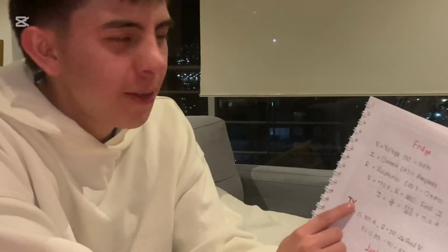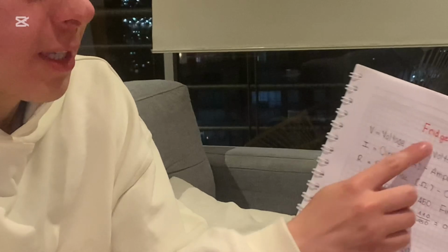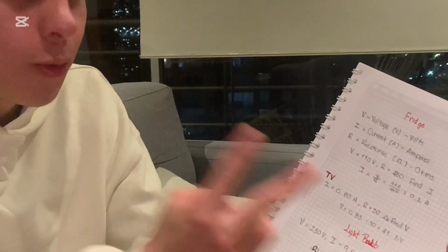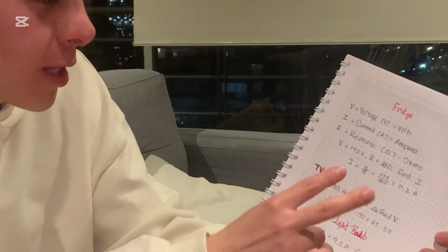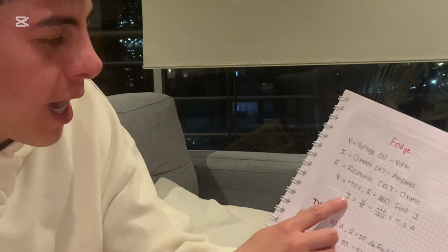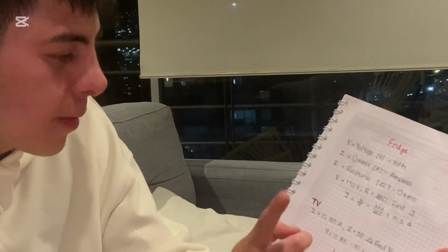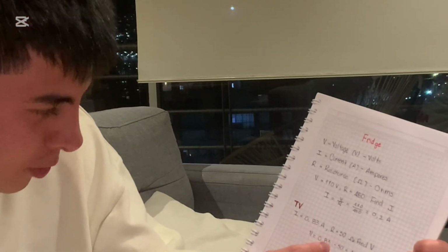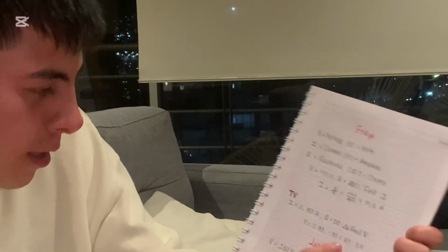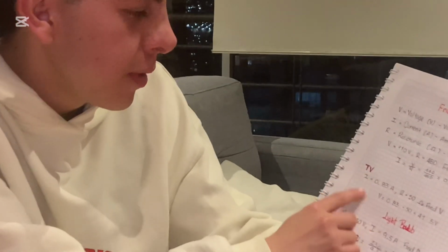In the case of the TV we're not looking for the current as in the case of the fridge, we're looking for the volts. We already have the current and the resistance, so the formula also changes. We're not looking for I, we're looking for V. So the formula is multiplying I, that is 0.83, by R, that is 50, and this gives us 41.5 volts. So this is the case of the TV.